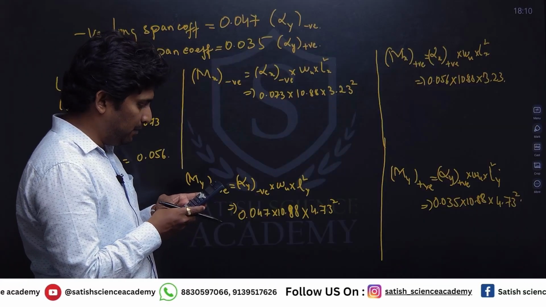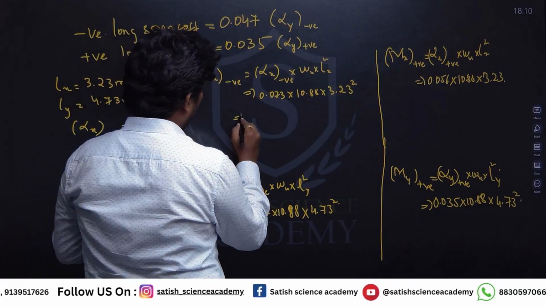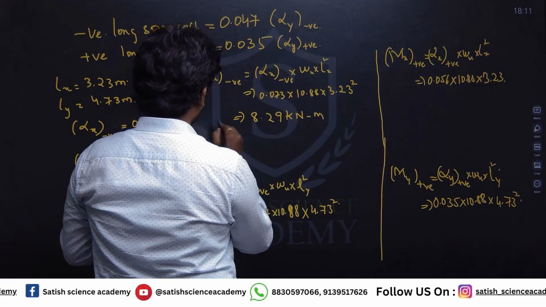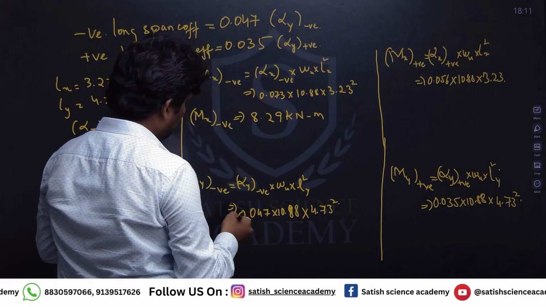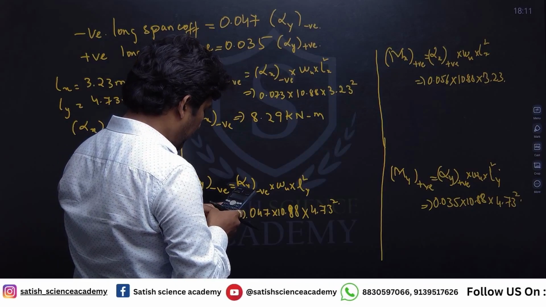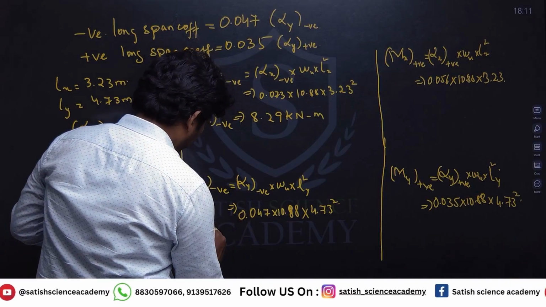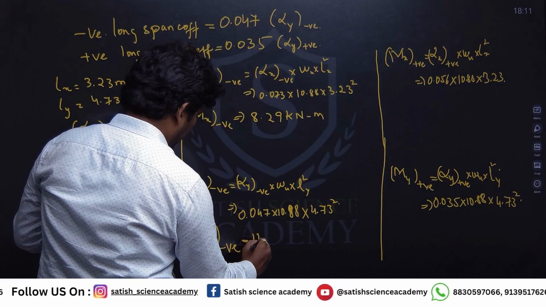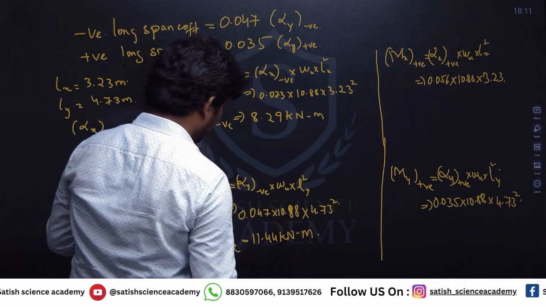0.073 into 10.88 into 3.23 square. So you are getting this negative moment as 8.29 kilonewton meter. So this is Mx negative. So My negative is 0.047 into 10.88 into 4.73 square. So you are getting My negative as 11.44 kilonewton meter.